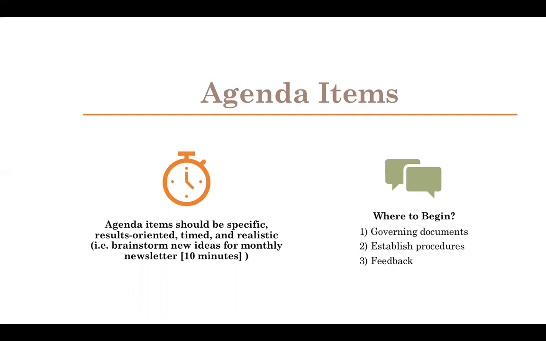And then establish procedures. So potentially those are already defined for you in your governing documents. If not, just figure out what works best for your organization. It can be rather informal. It can also be more formal using parliamentary procedure, which is a tool that I'll talk just a little bit more about in a few minutes.